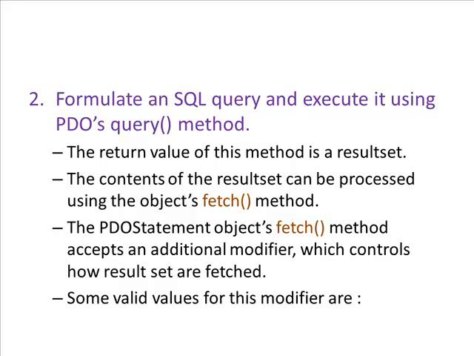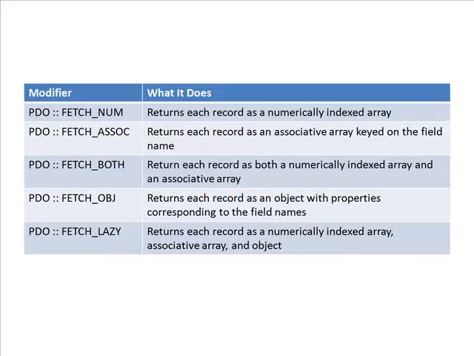The PDO statement object's fetch method accepts an additional modifier which controls how result set records are fetched. Some valid values for these modifiers are: PDO::FETCH_NUM returns each record as a numerically indexed array. PDO::FETCH_ASSOC returns each record as an associative array keyed on the field name.